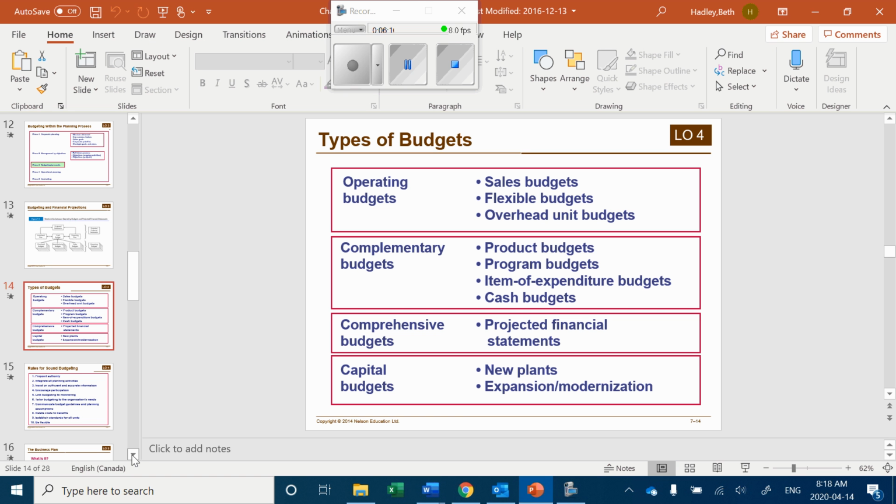All right. And then on page 279, they're talking about strategic budgets and zero-based budgeting. Zero-based budgeting is a very interesting concept.